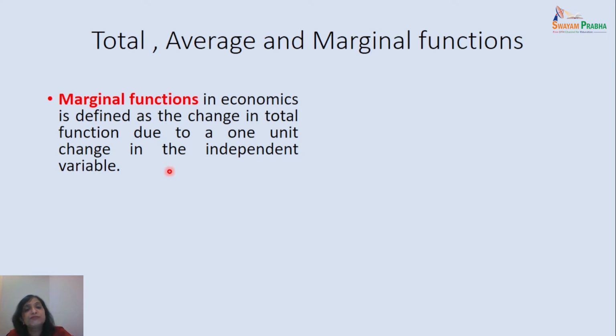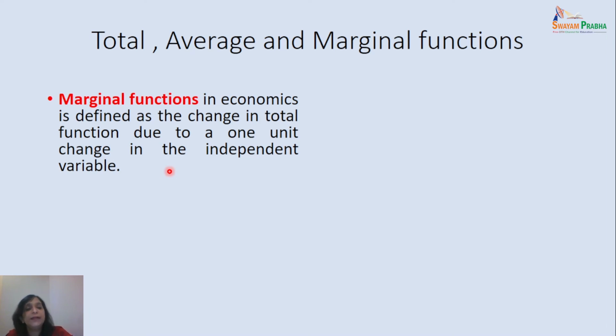This concept of marginal we can extend when we find marginal utility, marginal product, marginal cost, marginal revenue. All those are indicating that marginal is some change which has happened in total because one independent variable has changed by 1 unit.